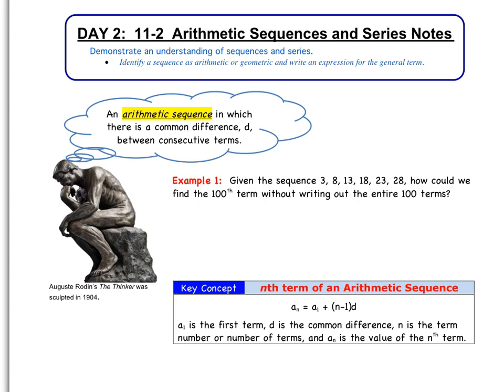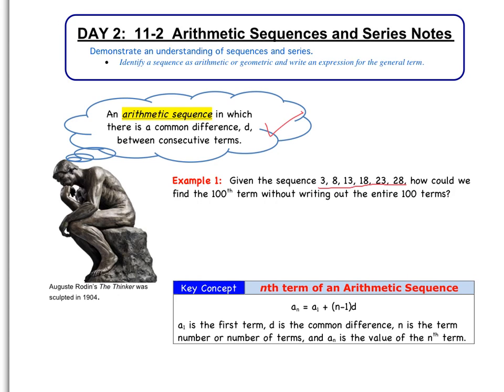Okay, so reminder right here at the beginning that an arithmetic sequence is occurring anytime that there is a common difference d between any two consecutive terms. So I'm opening up with this idea: given the sequence 3, 8, 13, 18, 23, and 28, how would you find the value of the 100th term without actually writing out all 100 terms?